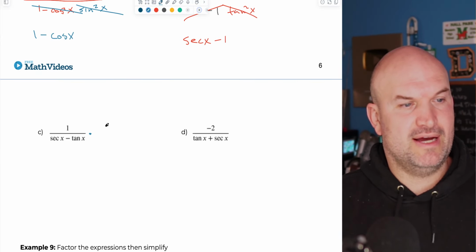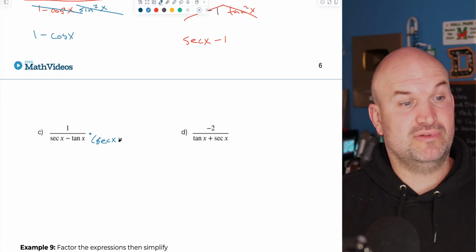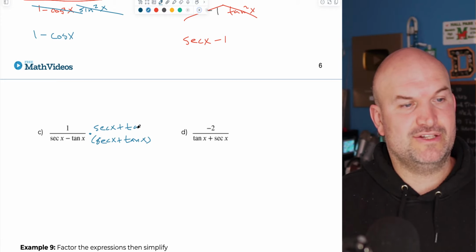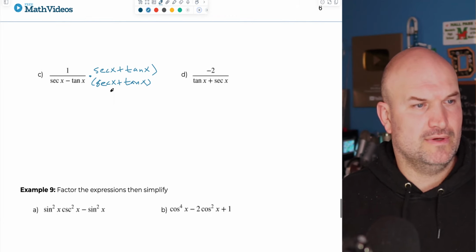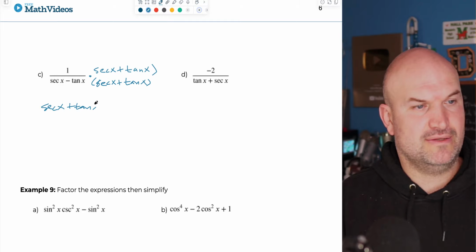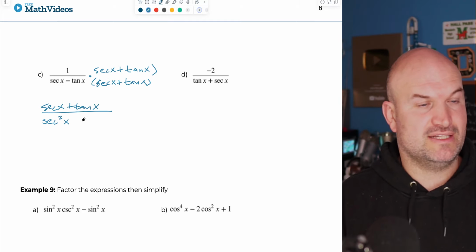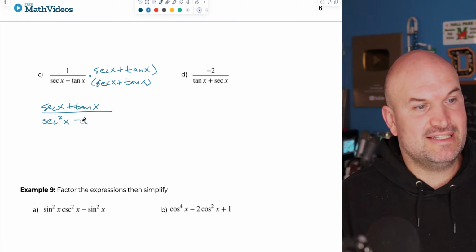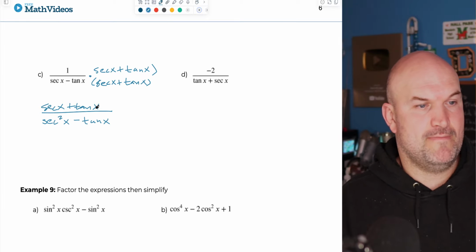So in this one, if I multiply by the conjugate, this would be secant of x plus tangent of x divided by secant of x plus tangent of x. So we have secant of x plus tangent of x divided by secant squared of x minus tangent squared of x.